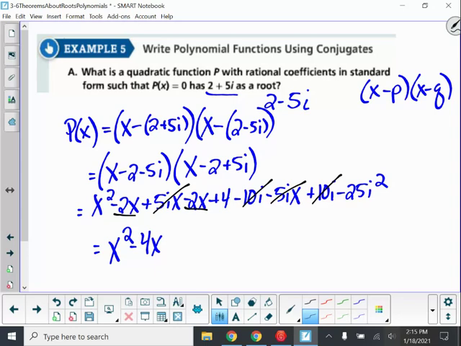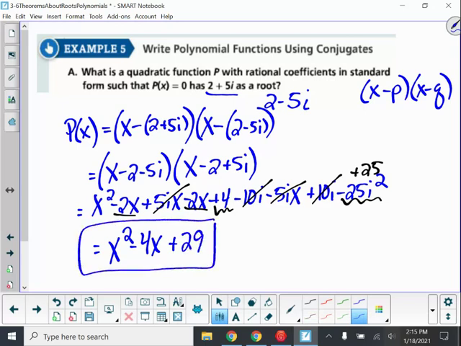And then I have a plus 4. And remember this minus 25i squared, i squared is equal to negative 1, so this is actually just a plus 25. So I would add the 4 and the 25, and I get 29. And there's my quadratic that has the solutions 2 plus 5i and 2 minus 5i.